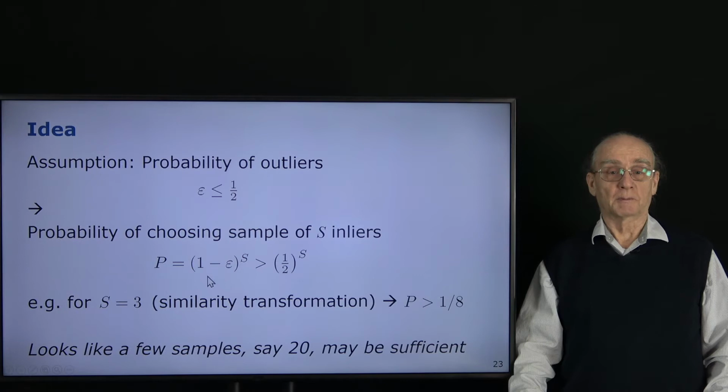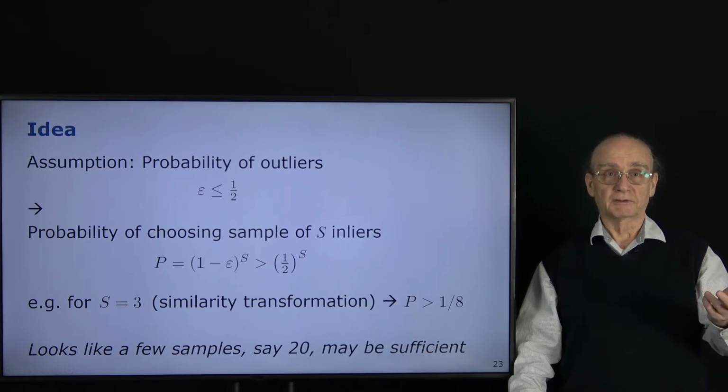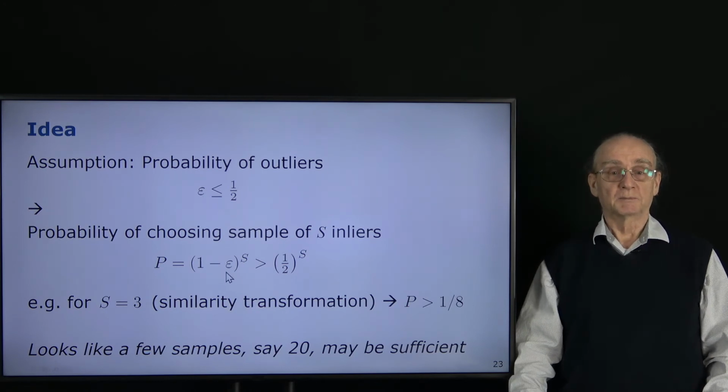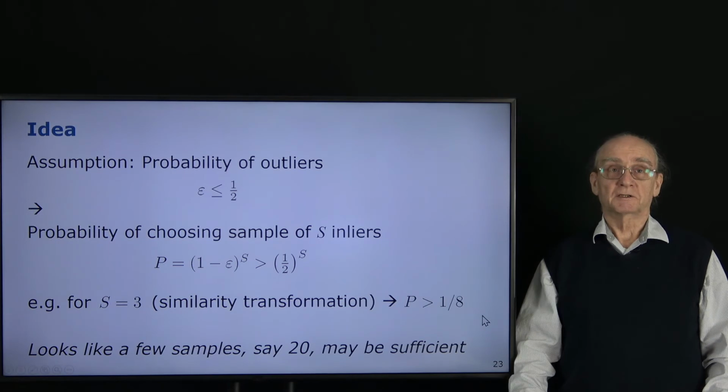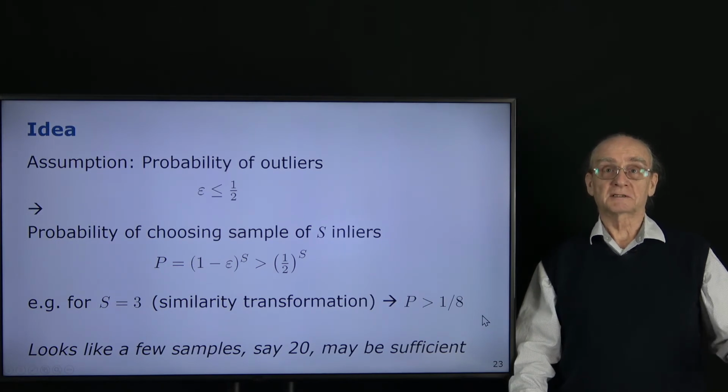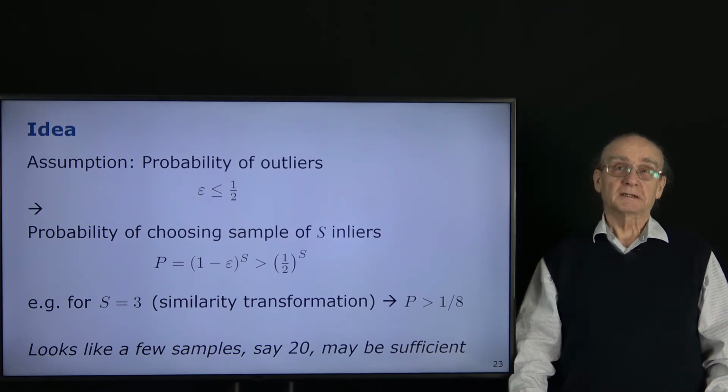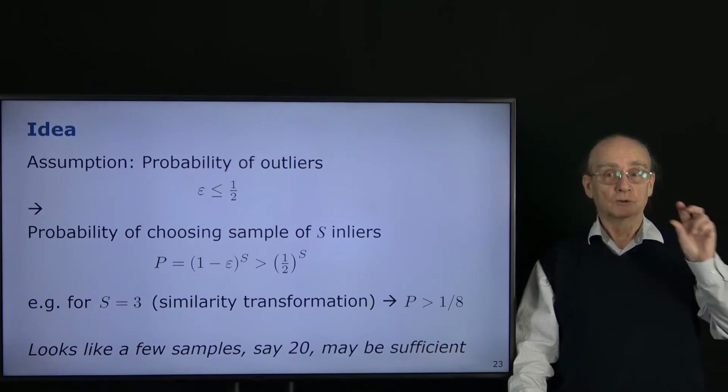So we take the probability for choosing an inlier, which is 1 minus epsilon, and this holds for all the S samples, let's say 3 points in our case of the spatial similarity. That means we have a half to the power S, which is an eighth. That means if we have trials, let's say 20, it's very likely that we hit a good triple.